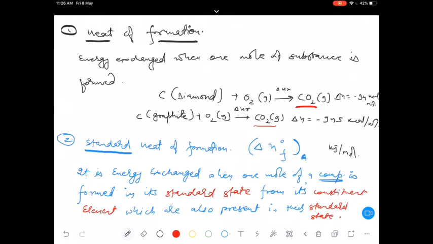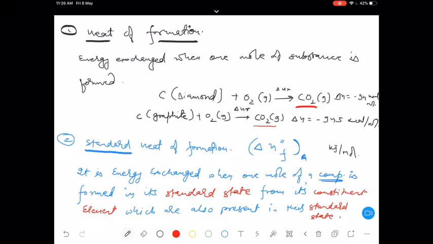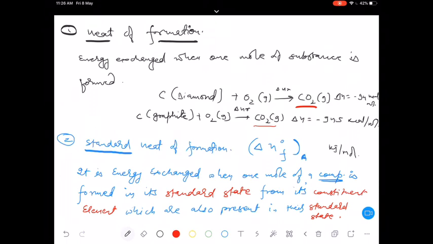That is very important. See, we have highlighted 3 parts. It is the amount of energy released when 1 mole of a compound is formed in its standard state from its constituent elements.